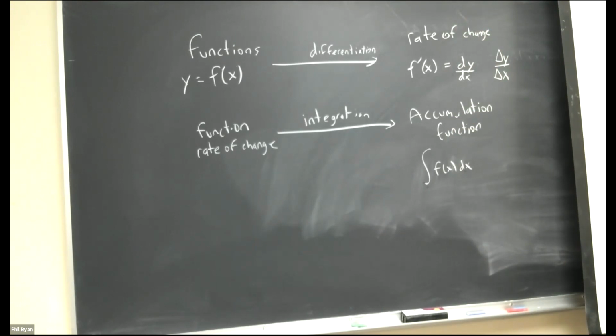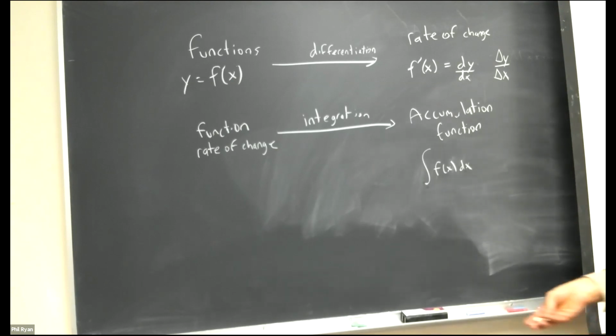It's actually equal to the average velocity over that delta x. And as we make that delta x smaller and smaller, it goes to a limit, and that is the actual velocity at that point, the instantaneous velocity.